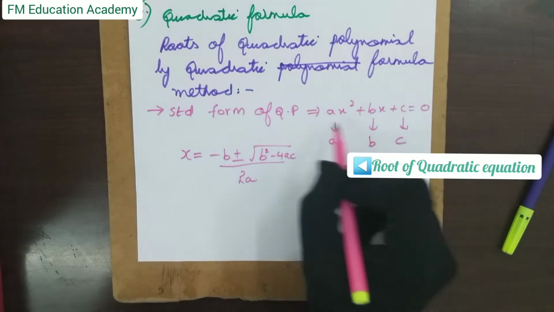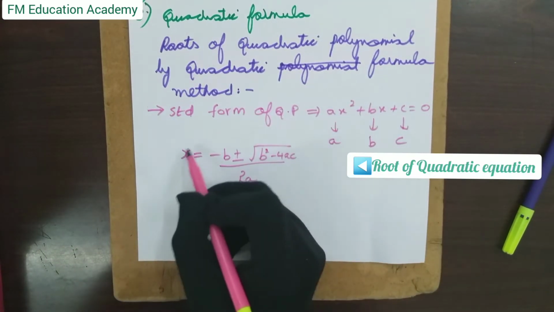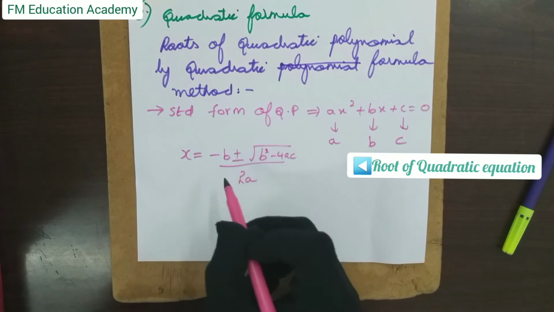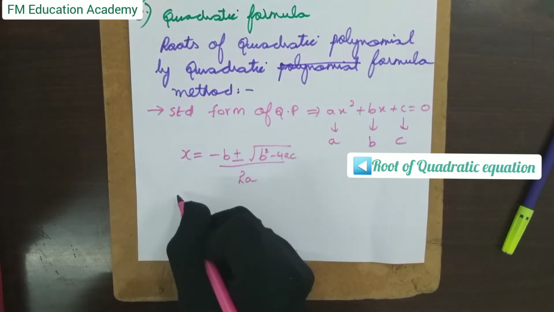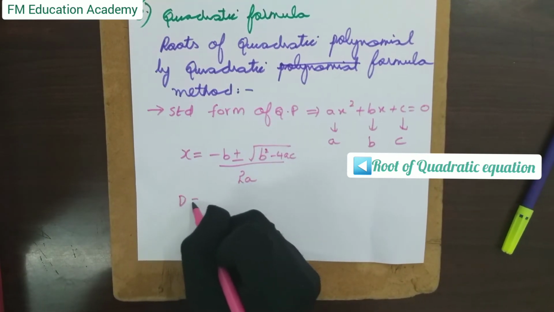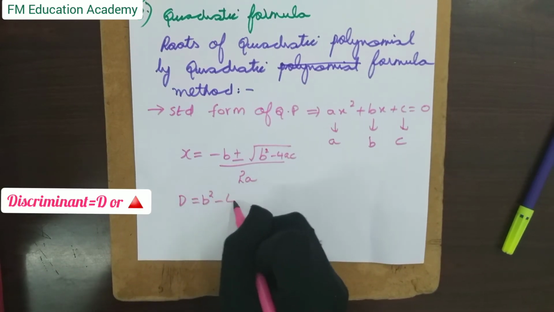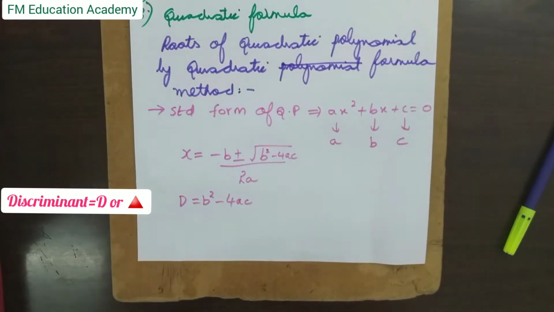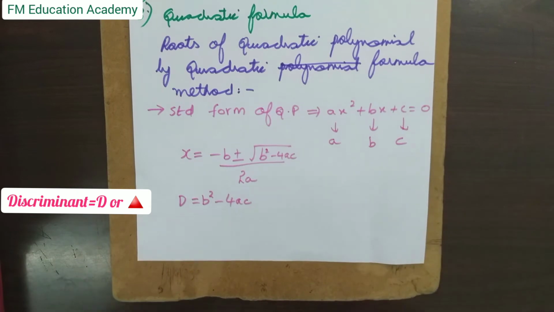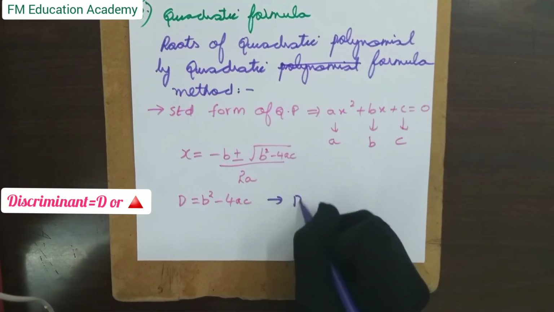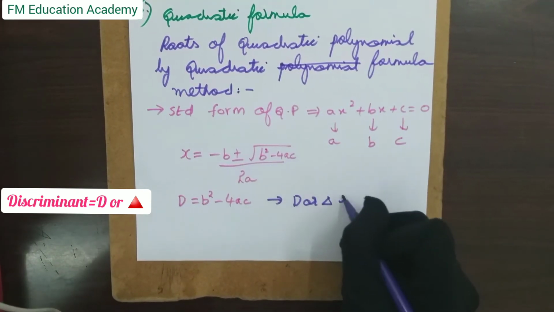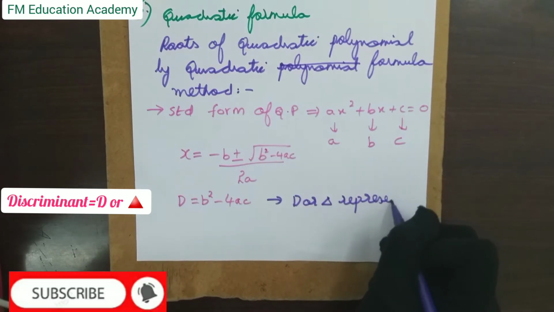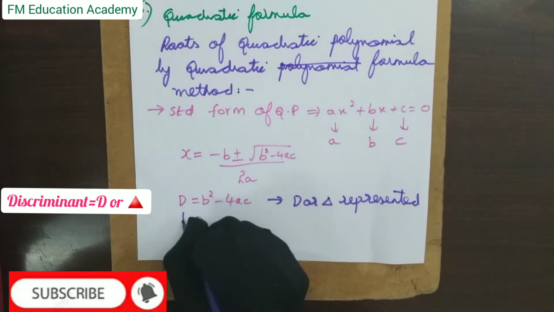Suppose the equation is in the variable x, then this gives the value of x. And what is b square minus 4ac? It is called d, or delta, which is named the discriminant.